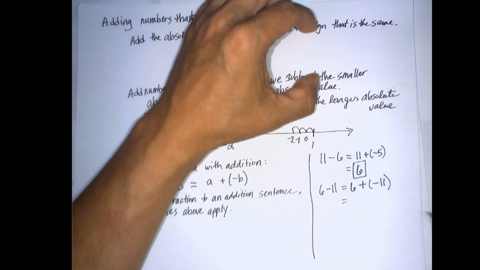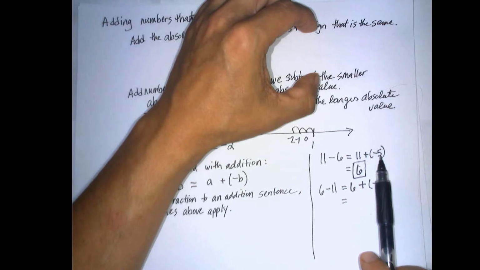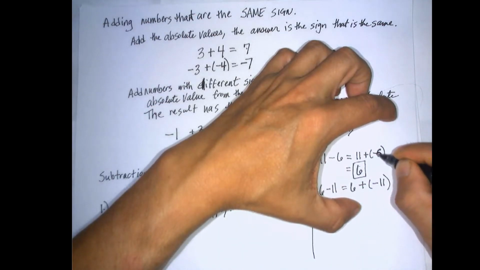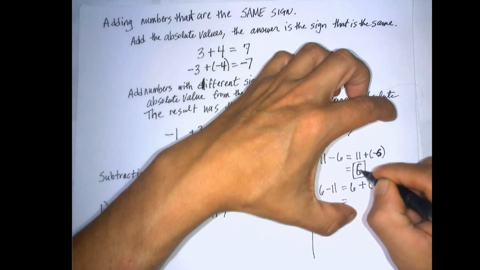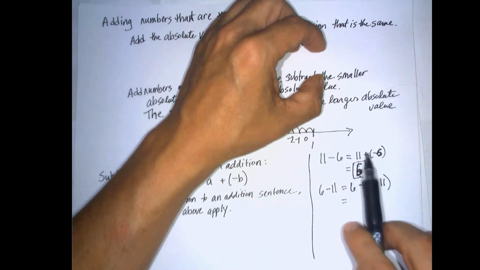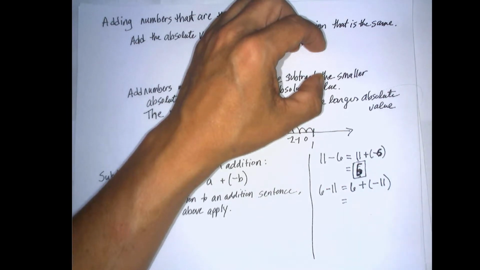Whoops, I made a mistake there. Okay, so 11 minus 6 is 5, because 11 plus negative 6 is 5.